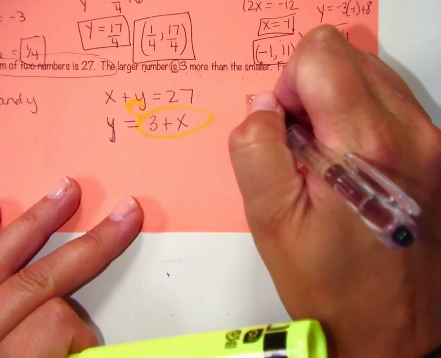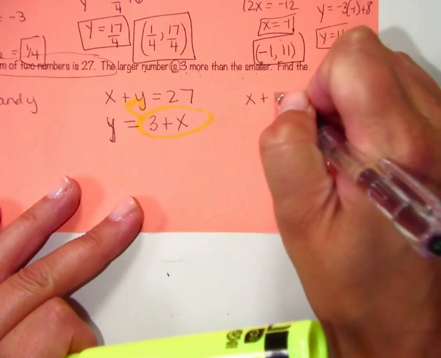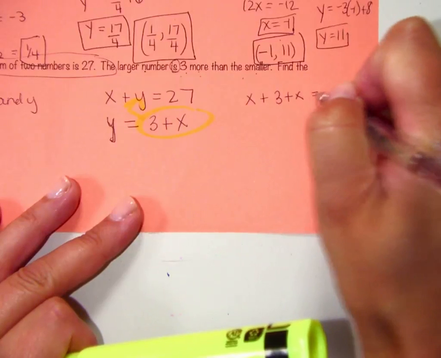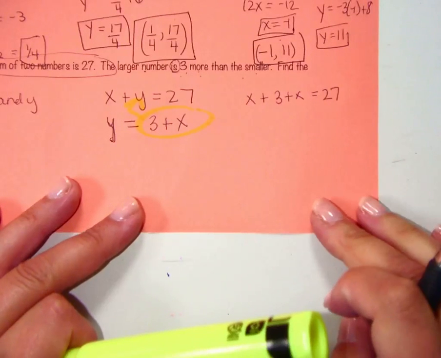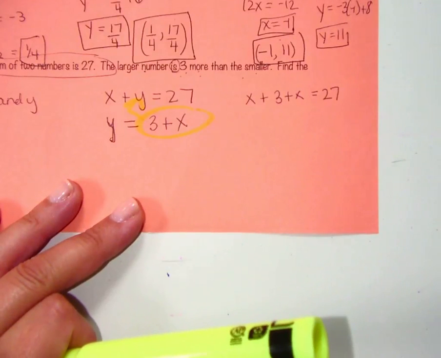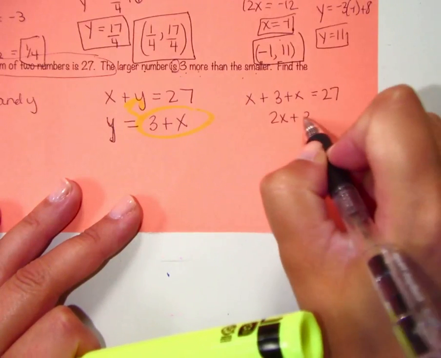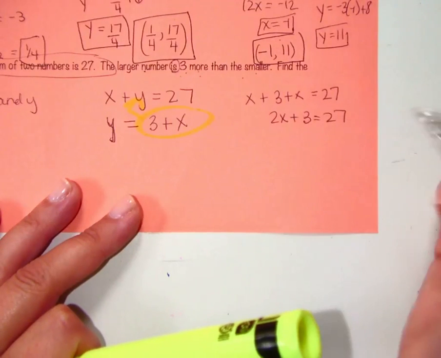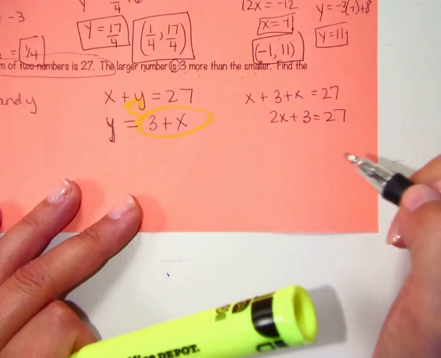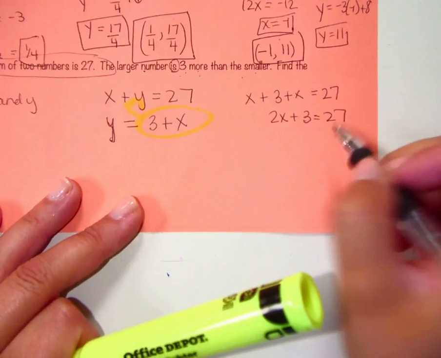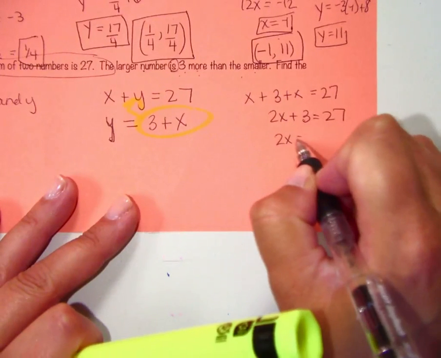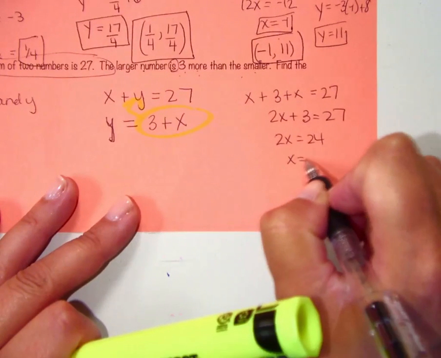So once we substitute, I'll have x plus 3 plus x equals 27. And then we can solve from there. So 2x plus 3 equals 27. When we combine those like terms, subtract your 3 and divide.